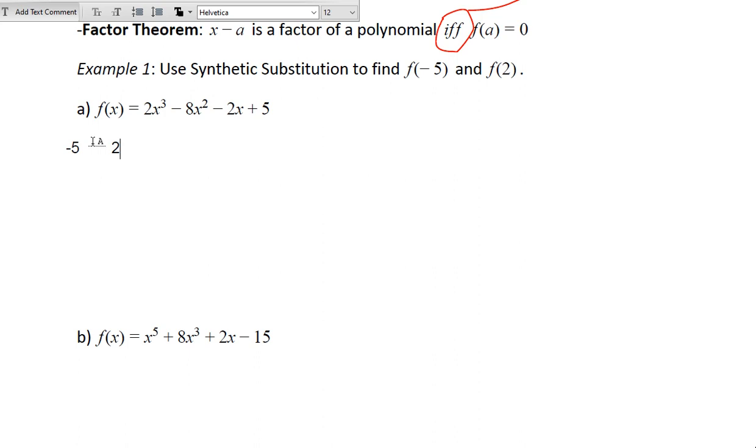But if I put in my coefficients, so 2, -8, -2, and 5, and be sure, note to you, remember to check if all terms are present. Here we have a cube, a square, a regular x, and a constant, so we're good to go.